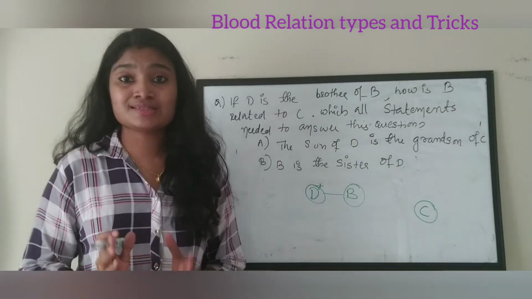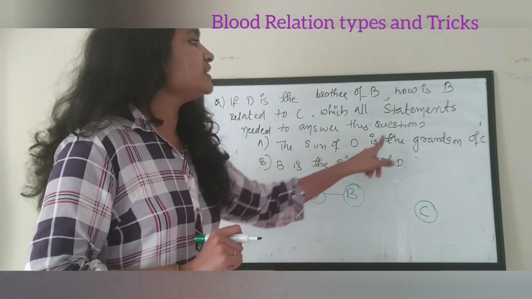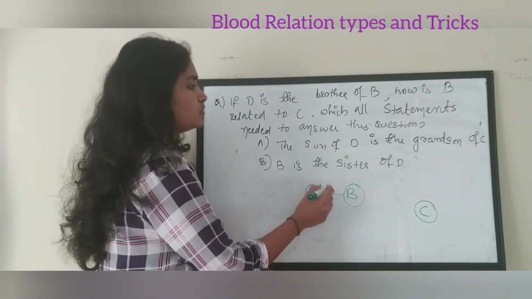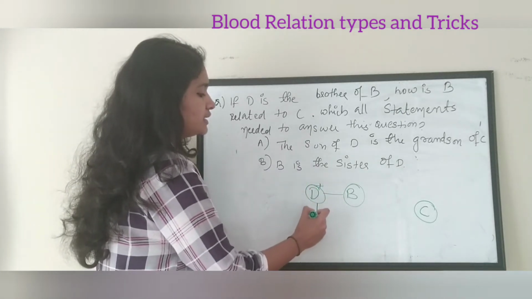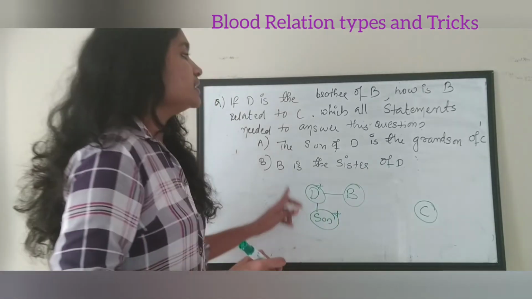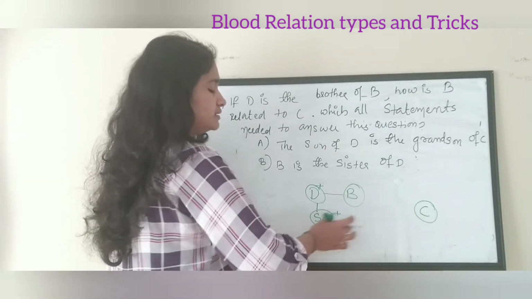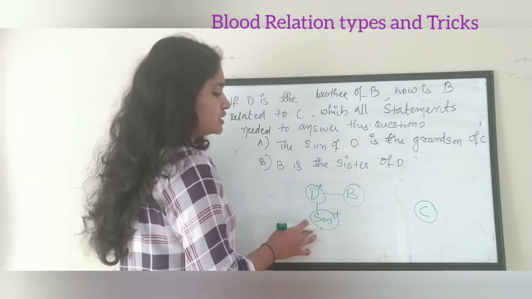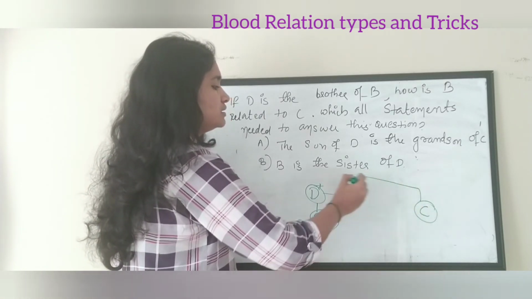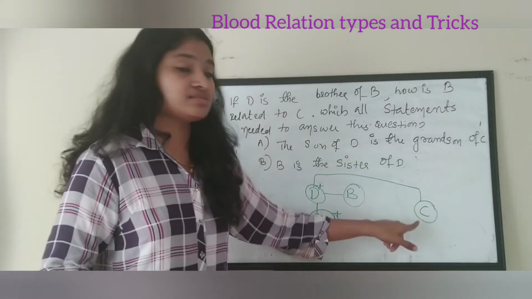Now we'll see what are the statements. So the first statement is, the son of D is the grandson of C. The son of D. I'll just write it as son itself. Son is the grandson of C. So this son is the grandson of C, means C will be either mother or father of D. Only then this son will come as the grandson of C, right?